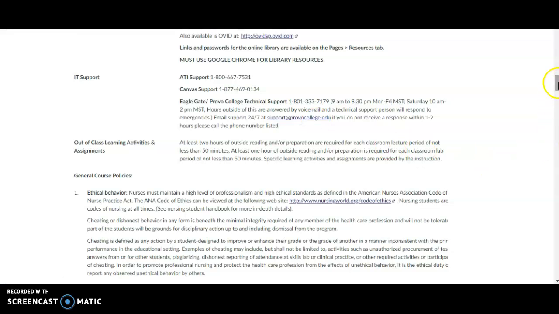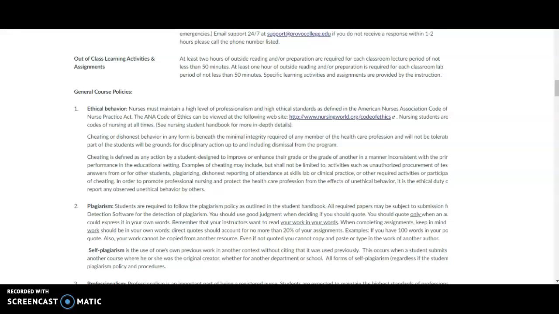So, general course policies. Again, we believe in being ethical people, and any kind of cheating is considered unethical. So you do not want to do that. One area would be plagiarism, and that is intentional or unintentional plagiarism. Intentional plagiarism is knowingly copying someone else's work and putting it into your own words, whether it's something from the discussion board or from another resource, and then you don't cite who you took that from.